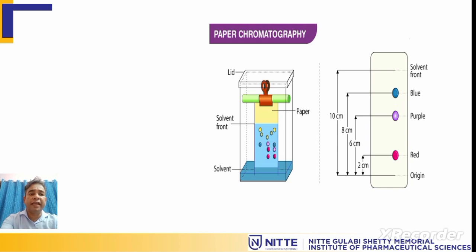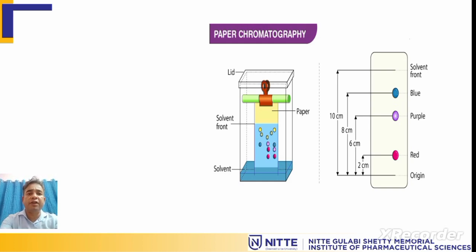What we do here, we take a paper, and there are different qualities of papers and the content differs for the mobile phase, right? I mean, the quality of paper also varies. We will see in the coming chapter on paper chromatography how the paper differs. With that aspect, we take a paper and on that we spot the sample. Like how we spot in TLC.